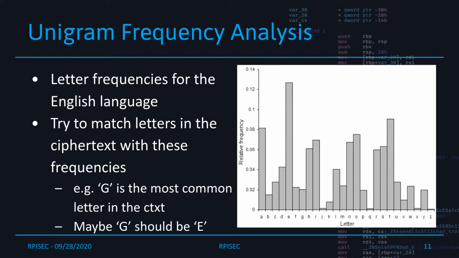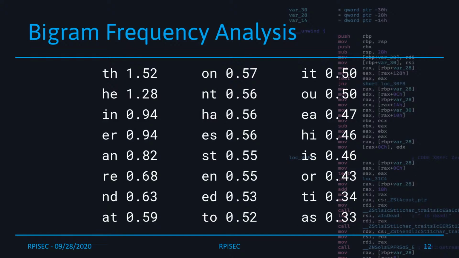And this relies on the fact that you have a long ciphertext, because if you have a really short ciphertext, then you won't be able to calculate any meaningful frequency analysis on it, because of the basic properties of statistics. So the longer your ciphertext is, the more feasible a frequency analysis attack is. Besides just looking at single letter frequencies, you can also look at the frequencies of two-letter combinations.